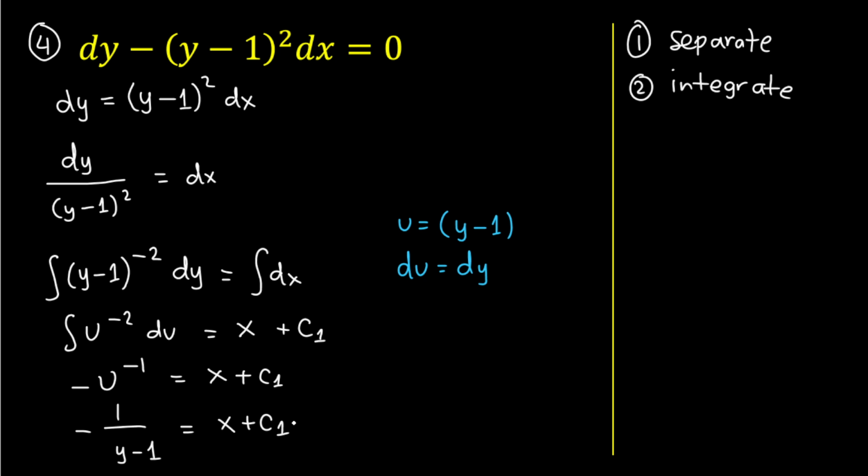Okay, but I think I will need to make it y is equal to something, right? So let's move things around. So we will have y minus 1 is equal to minus 1 over x plus some constant, right? And then we will have y is equal to 1 minus 1 over x plus some constant.